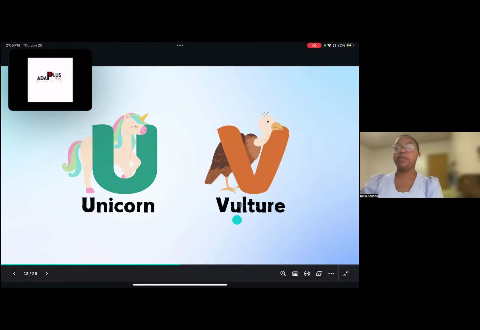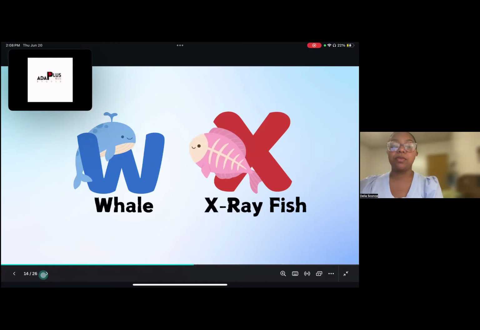Now we have V for vulture. Almost done. We have W for whale.